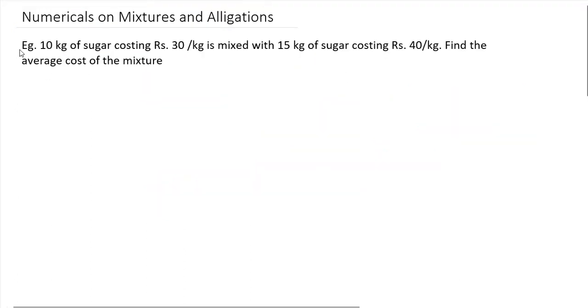Take this example. 10 kg of sugar costing rupees 30 per kg is mixed with 15 kg of sugar costing rupees 40 per kg. Find the average cost of the mixture. So here we have two groups. One is of 10 kg and the other is of 15 kg, and they are being mixed together. And we have been asked to find the average cost of the mixture.